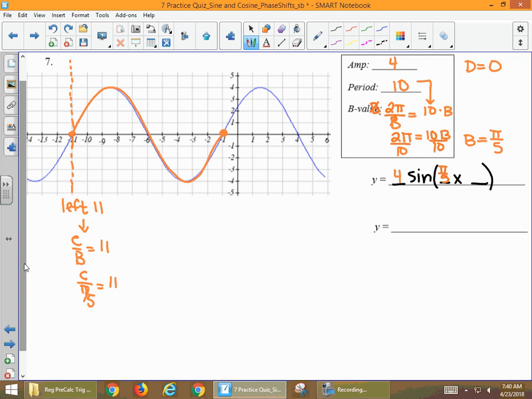And now I can solve for C. Since I'm dividing by pi over 5, I'm going to multiply both sides by it. C is equal to 11 pi over 5. I told you it wasn't going to be pretty. And since I'm moving to the left, I need a plus in the middle there.